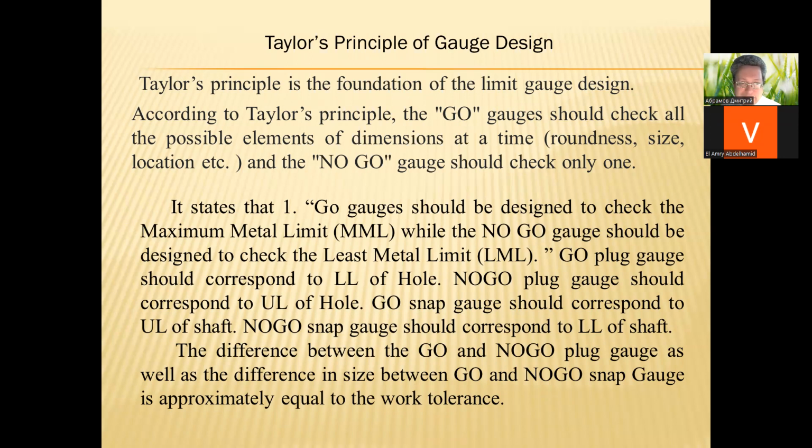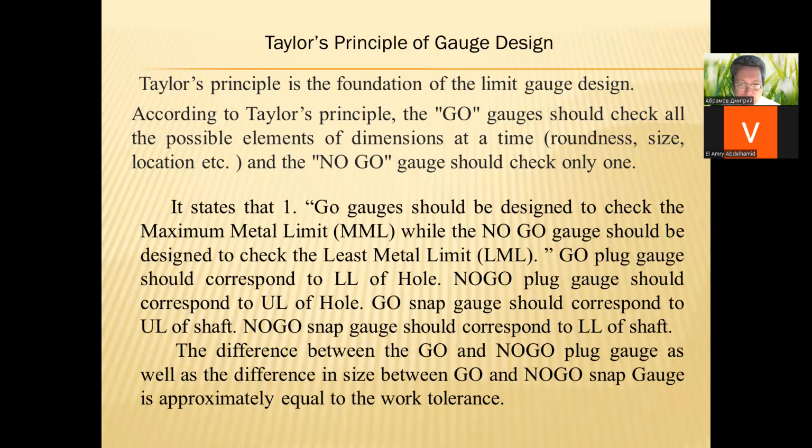It states that go gauges should be designed to check the maximum metal limit, MML, while the no-go gauge should be designed to check the least metal limit, LML.